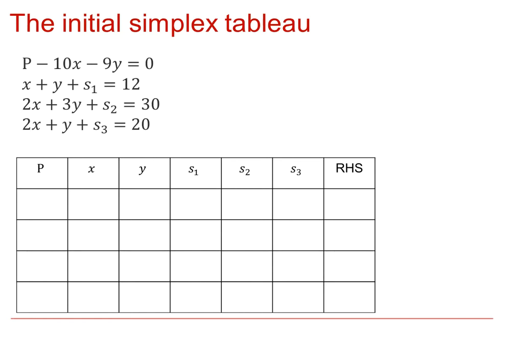So here we have the top row of the tableau already set up, and we can see that we've put in the variables, so p, x, y, s1, s2, s3, and then what we're calling the right hand side, sometimes known as the value column.